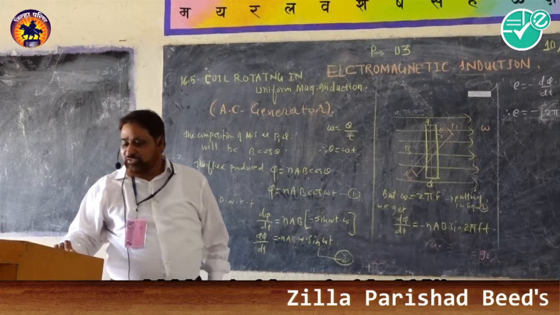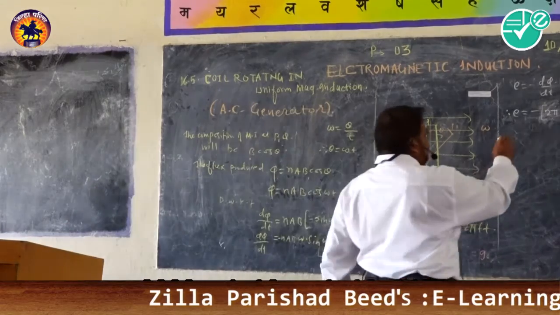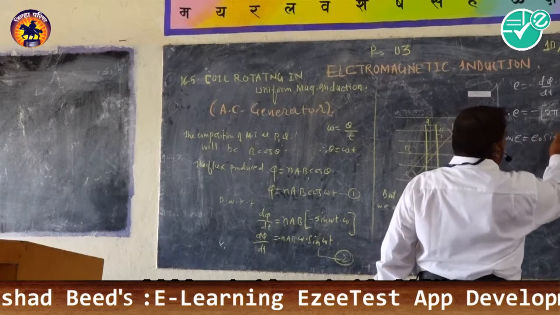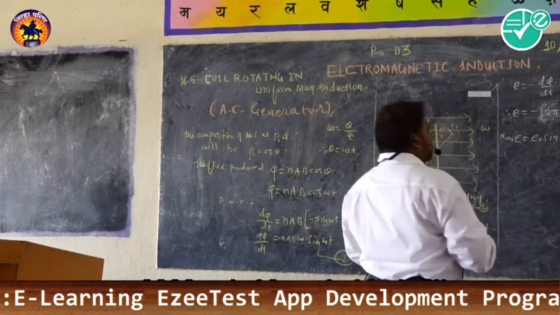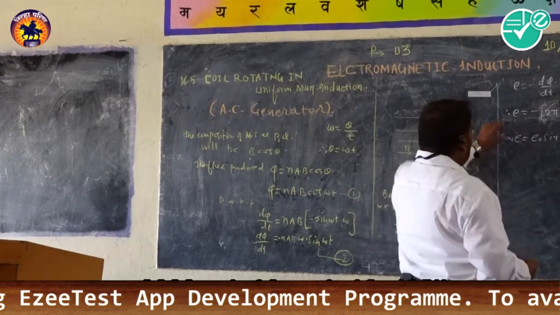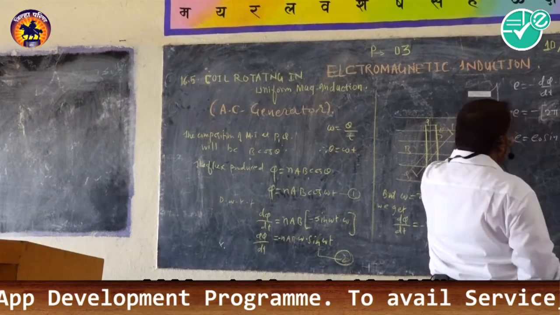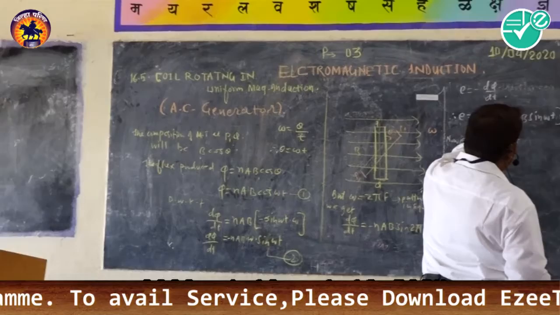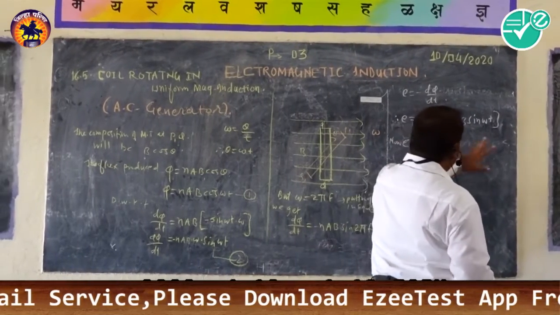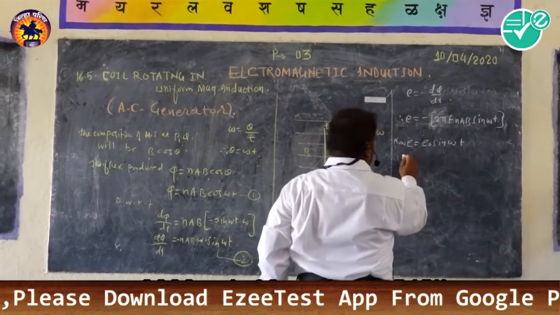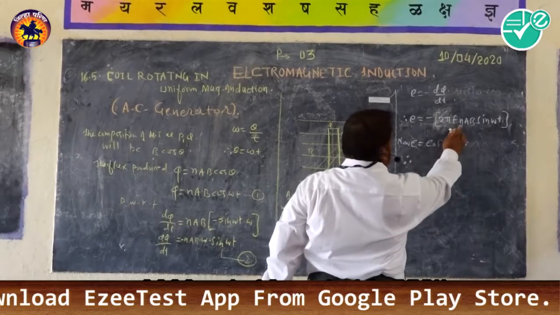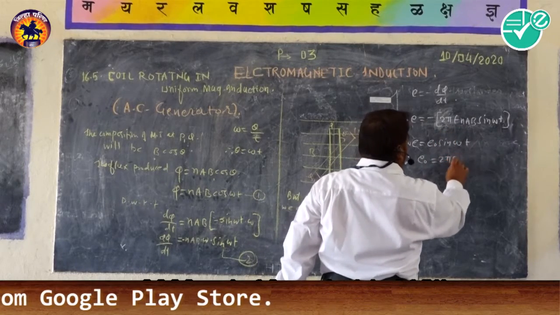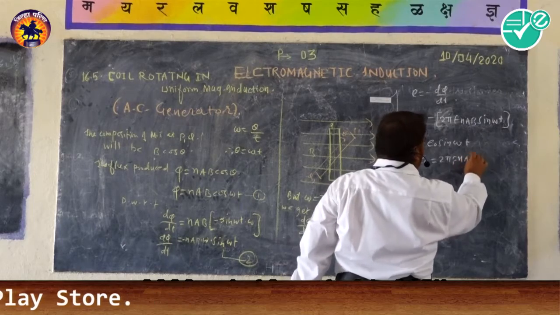So E is equal to E0 sine omega t. If you compare this equation with the above equation, E0 will be equal to 2 pi f NAB, because sine omega t is already there.